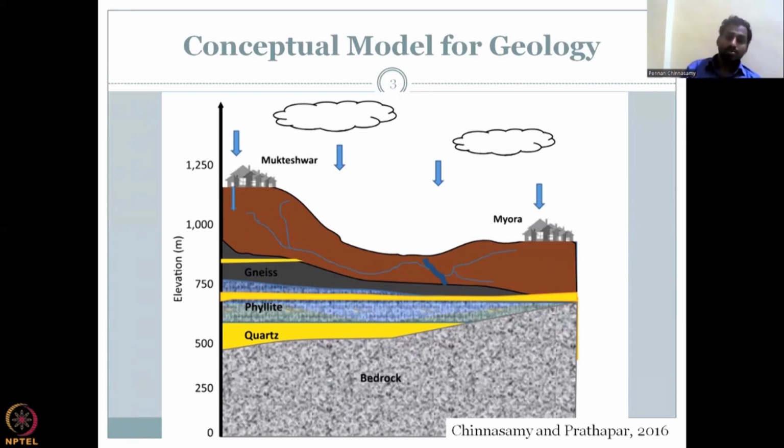And also with some rainfall and river network, we know that water flows down and forms a stream. So water from here comes down, and Mayora also comes down to this drainage point. And how that drainage point looks is also a question where there are a lot of interactions.